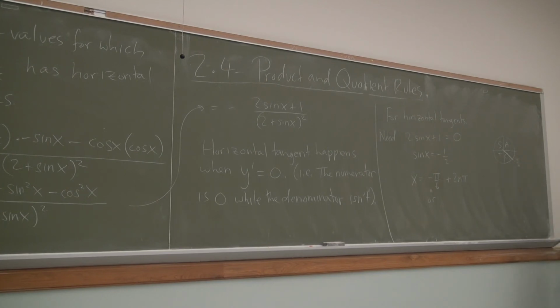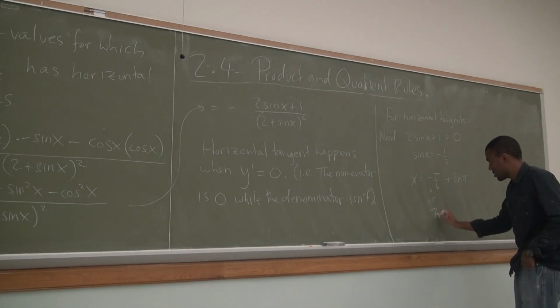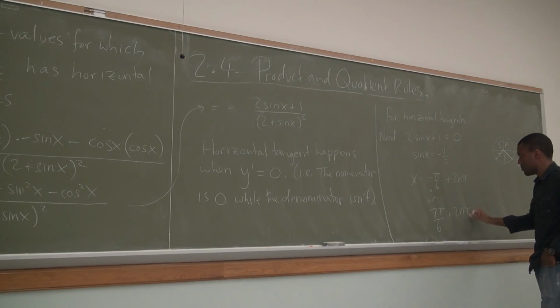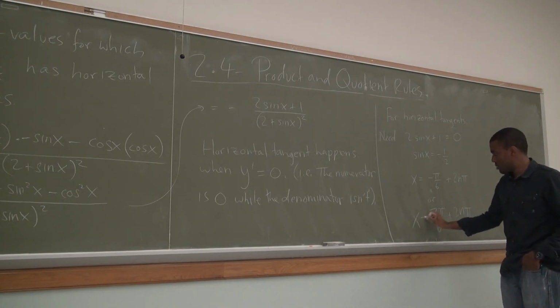The second negative answer would be over here. That's 210, this would be 6 pi over 6, one more pi over 6, 7 pi over 6. Those are your x values.